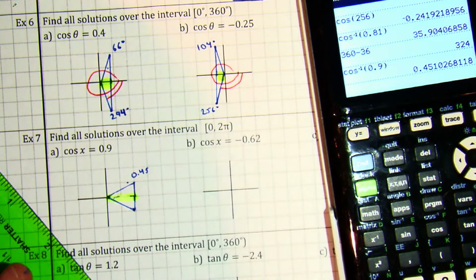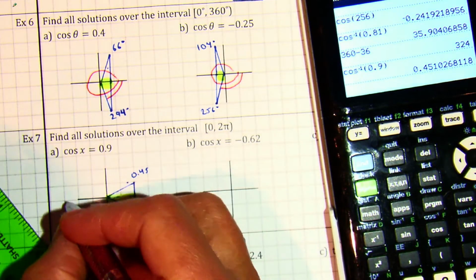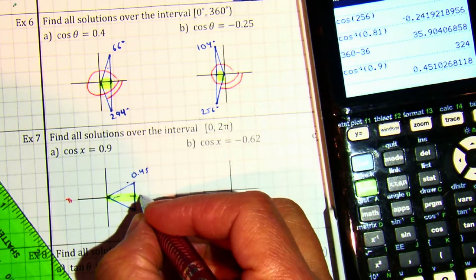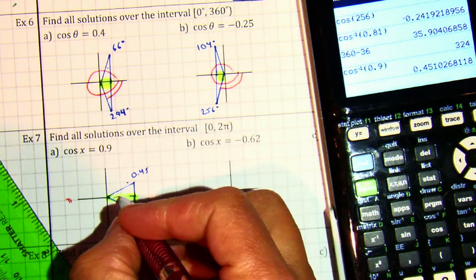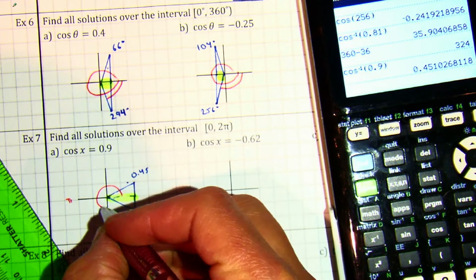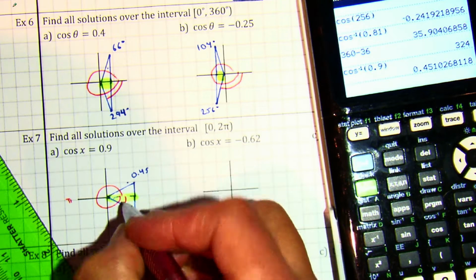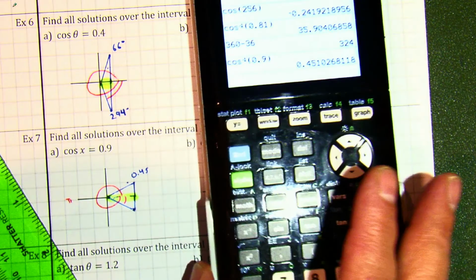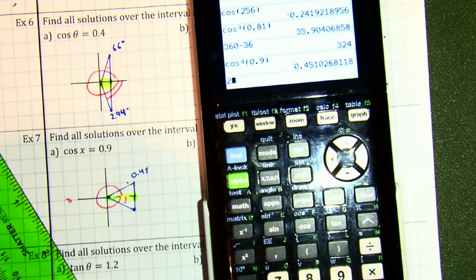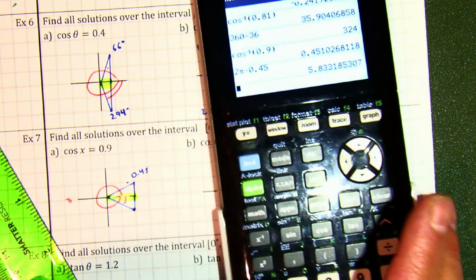So therefore, how can I find that? This is pi, this is 2 pi. So I want to go all the way around, and then I want to subtract, which is 2 pi minus 0.45. So therefore, I'm going to type in 2 pi minus 0.45, and that gives me 5.83.